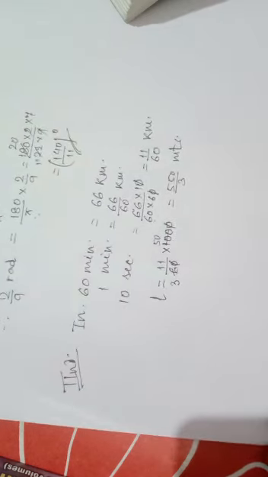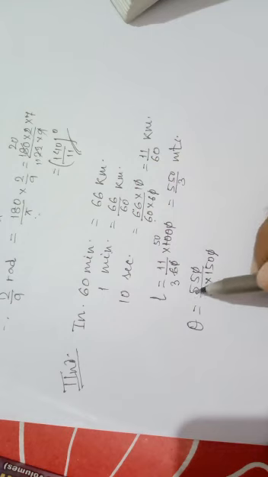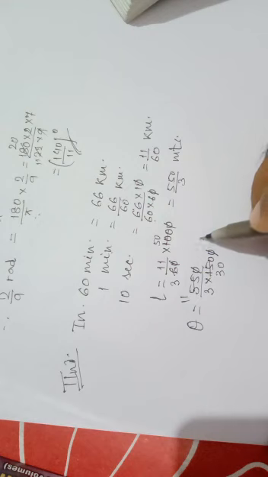Now apply theta is equal to L by R. 550 by 3, this is L, and R is already given, 1500 meter. Simplify this one, cancel it by 5, so it reduces to 11 and 30, means 11 by 90 radians.